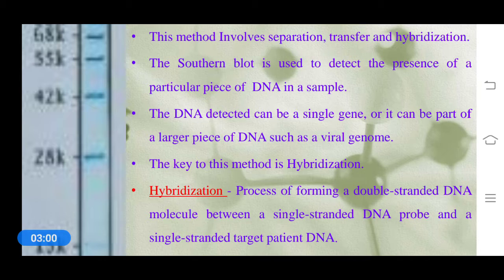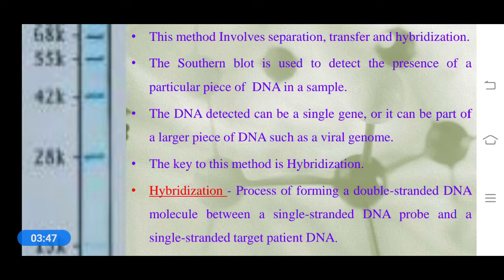The isolated genomic DNA is treated with restriction endonuclease enzymes to form different fragments of DNA. These DNA fragments are separated based on their molecular weight, namely their size, using agarose gel electrophoresis.